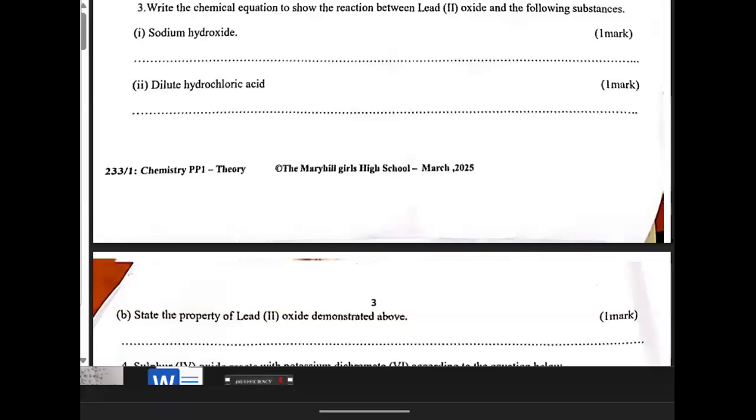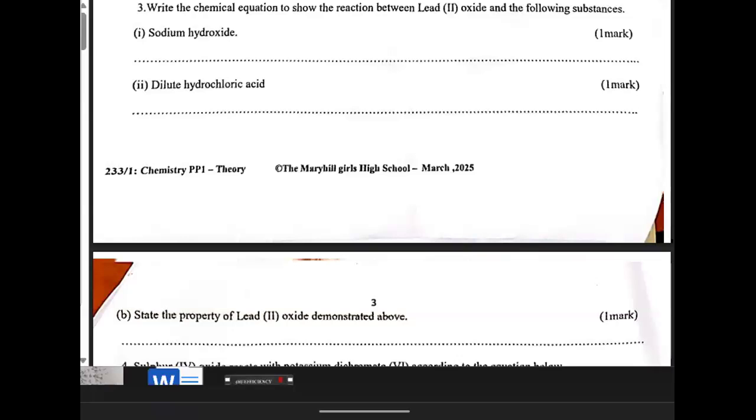We go to the other question. Question B. State the property of lead 2 oxide demonstrated above. The property I have already said is amphoterism.